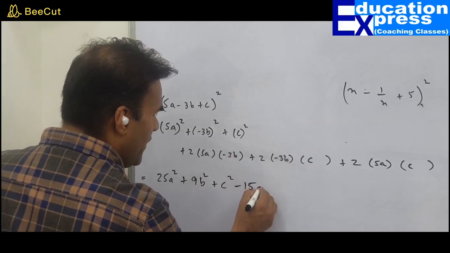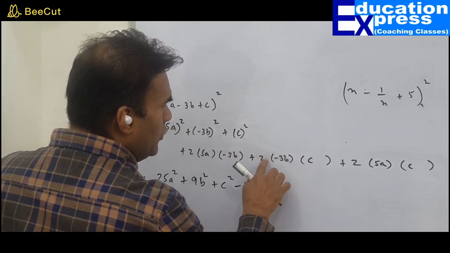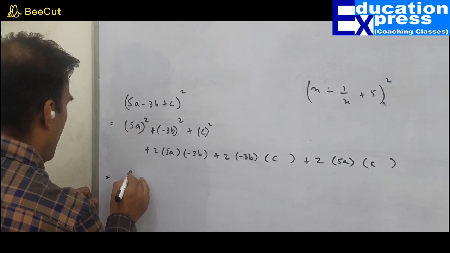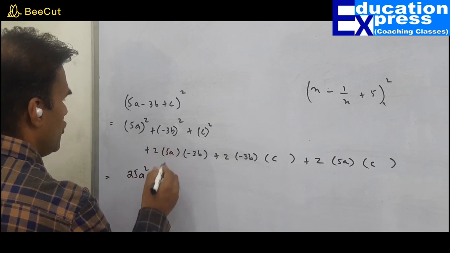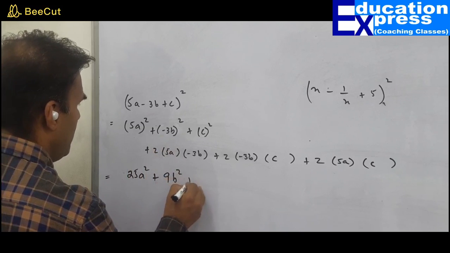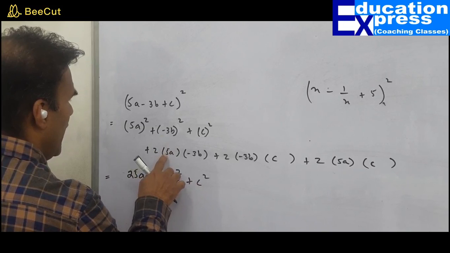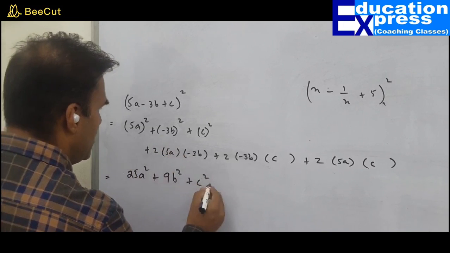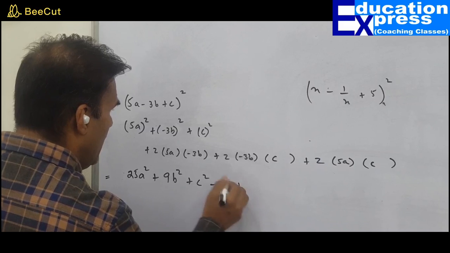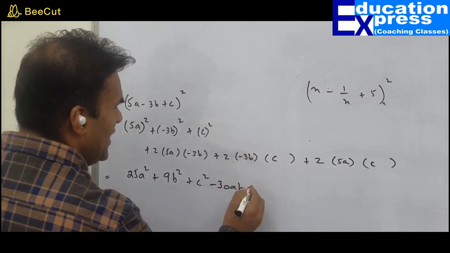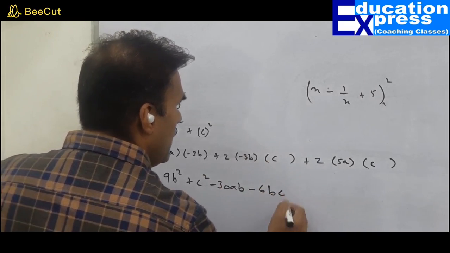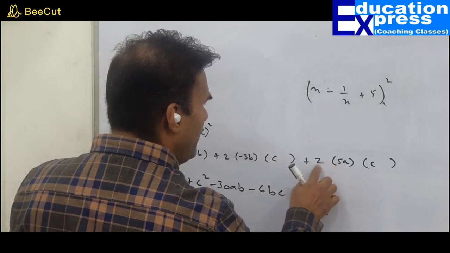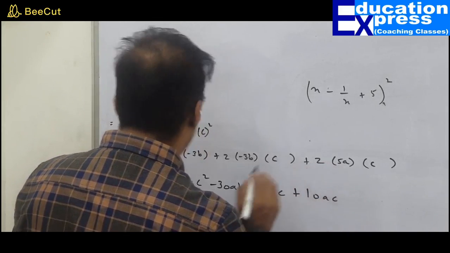A into B, A, B. So 5 square would be 25, 25 A square plus minus 3, so become 9, 9B square plus C square. 2 into 5, 10, 10 3s are 30, minus 30 AB. 2 into minus 3, that is minus 6, B into C, BC. And finally 5 2s are 10 AC.